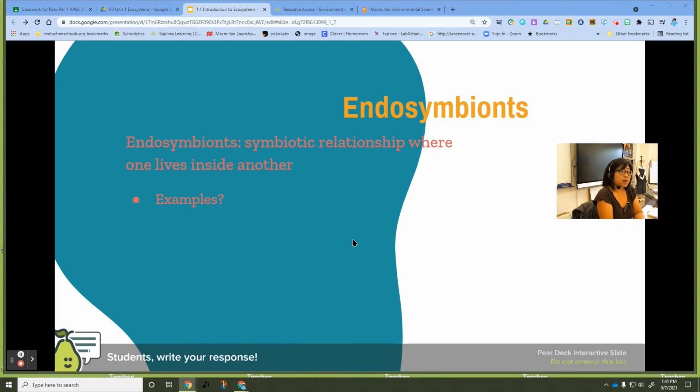There's the endosymbiosis hypothesis that you may have learned in biology, where the theory is that the evolution of mitochondria and chloroplasts is a result of the engulfing of protists by other protists.